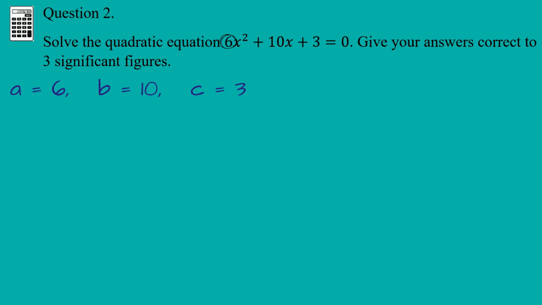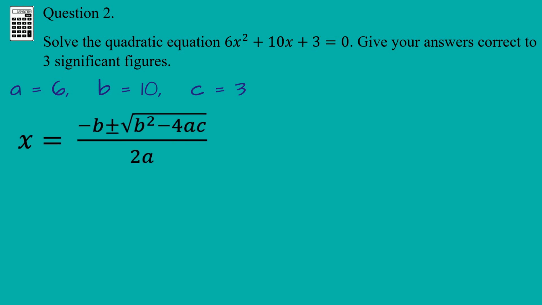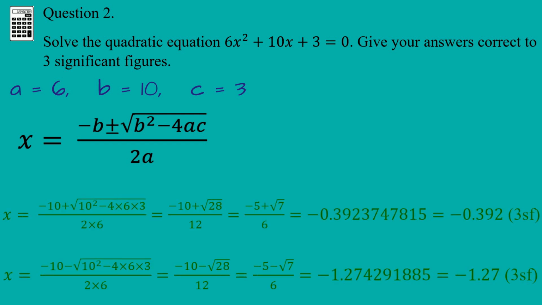We can see that a equals 6, b equals 10 and c equals 3. Substitute these values into the quadratic formula using your calculator to get 2 solutions. Follow through the calculations on the board and use them to check that your answers are correct. The solutions are x equals minus 0.392 and x equals minus 1.27 rounded to 3 significant figures.